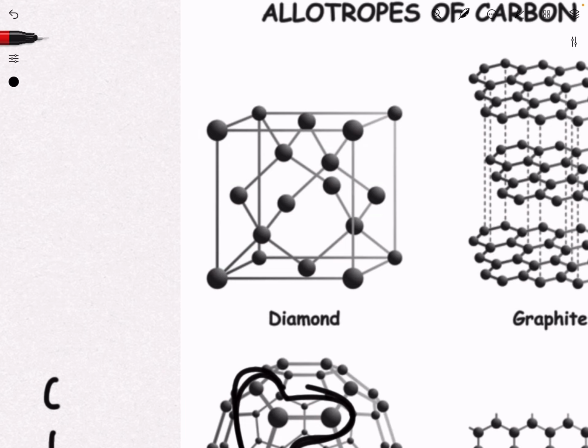And another property of diamond is that it is transparent due to its purity and hence lack of impurities. And if we look at these carbons here, 1, 2, 3, 4, we see that we have a tetrahedral structure.